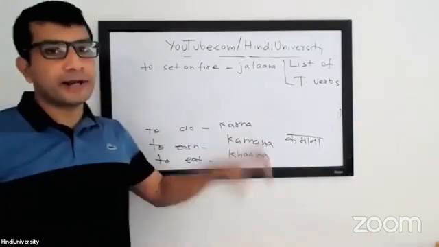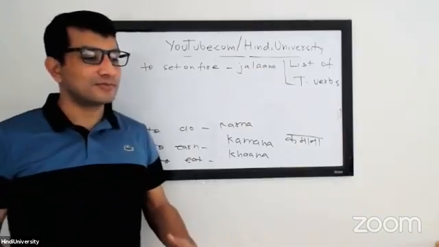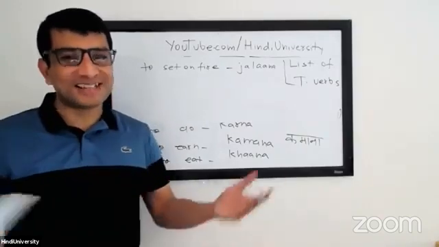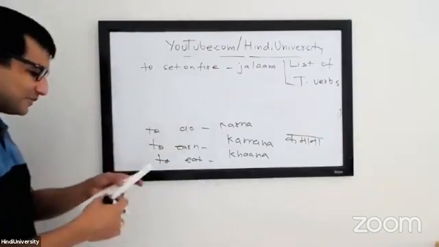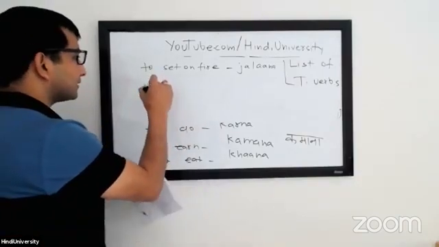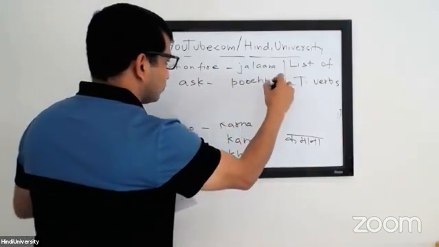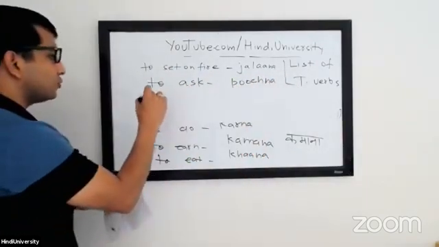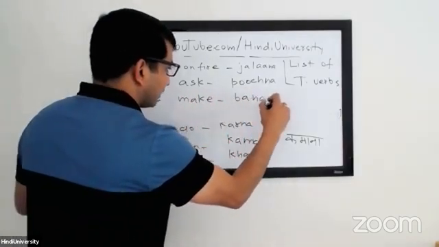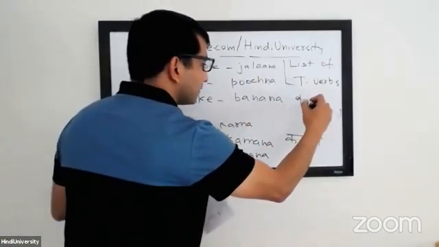You can use that word, jalana. Not saying you should do it or anyone should, but unhone paper jalaya, right? That's where you would use it. Puchna is to ask. Similarly, to make is banana. Okay, not the fruit, but the banana.